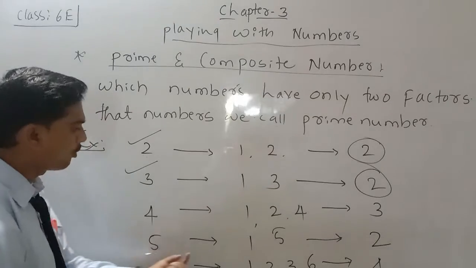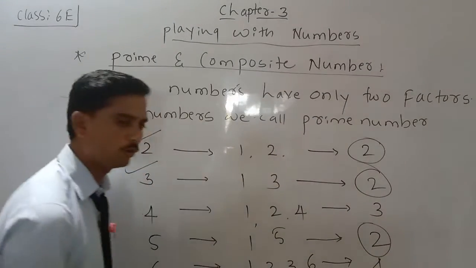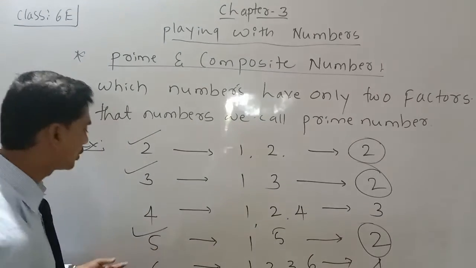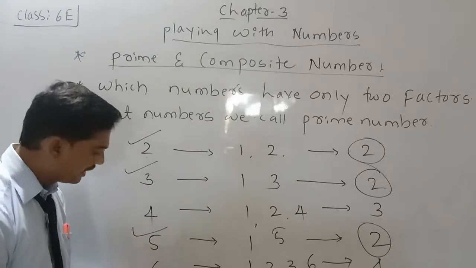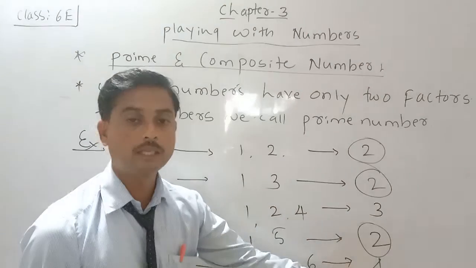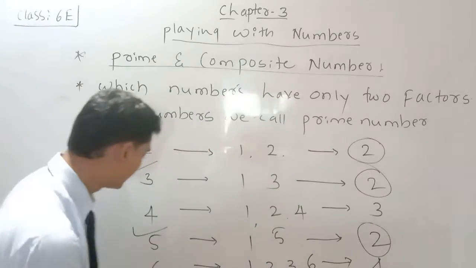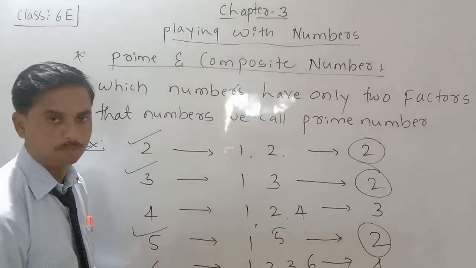Then how many factors does 5 have? 1 and 5 only. It also has 2 factors. Then 5 is also a prime number. And how many factors does 6 have? Sir, 1, 2, 3, 6. 6 has a total of 4 factors. That's why 6 is also a composite number.